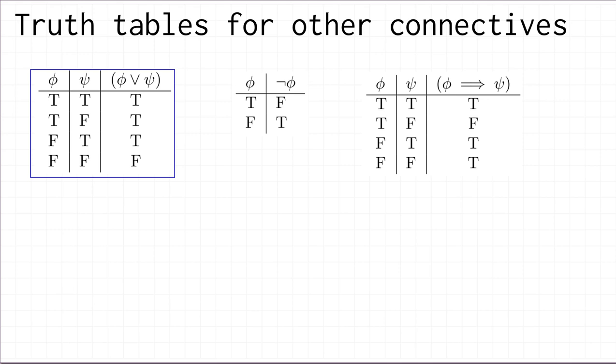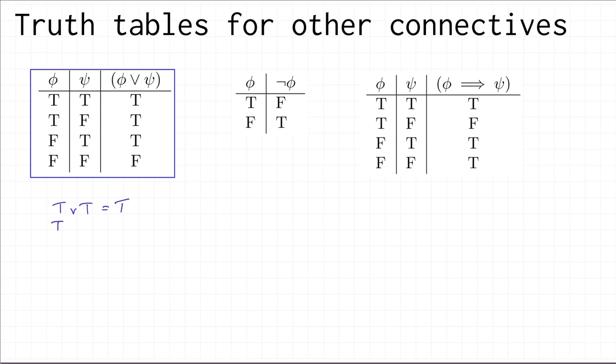So looking at the rows of the truth table for OR, we'll regard true or true as being true. That's the first row of the truth table.